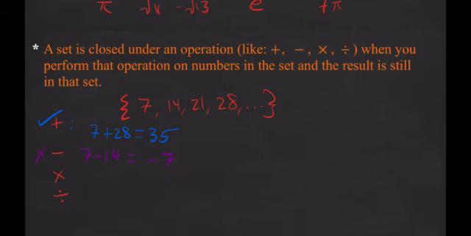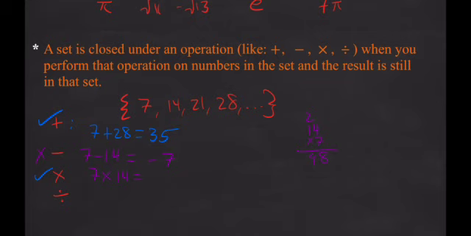Multiplication, let's say that we did 7 times 14. Let's figure out what that is. 14 times 7. 7 times 4 is 28. 7 times 1 is 7, plus 2 is going to be 9. By the way, multiplication of this is going to be closed because these are multiples of 7, right?